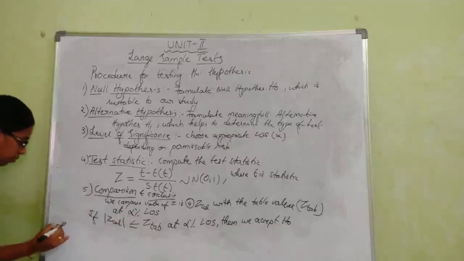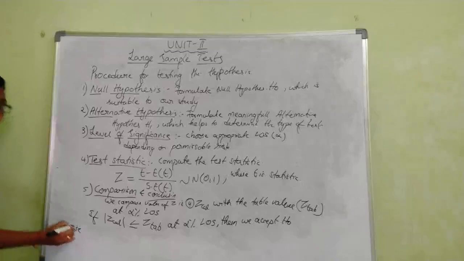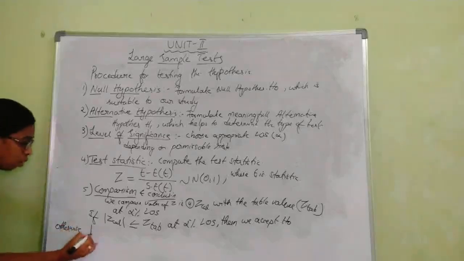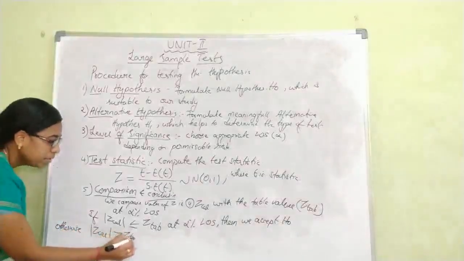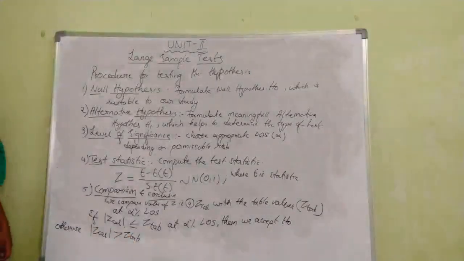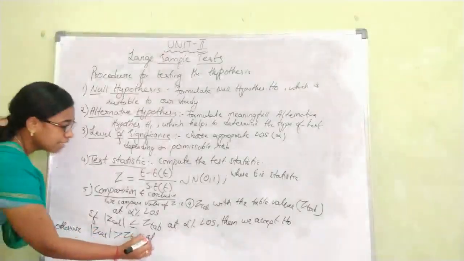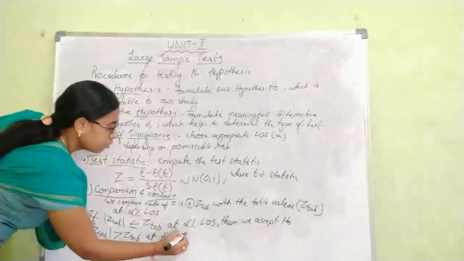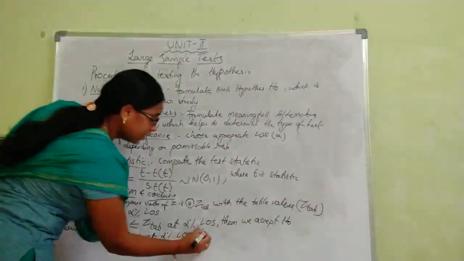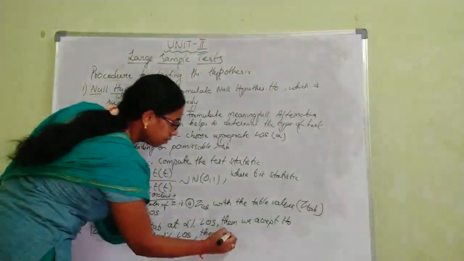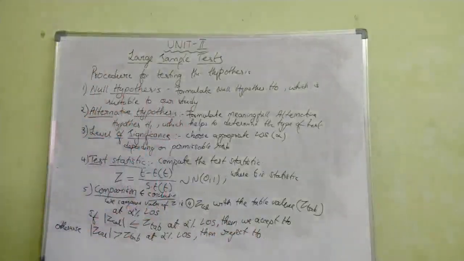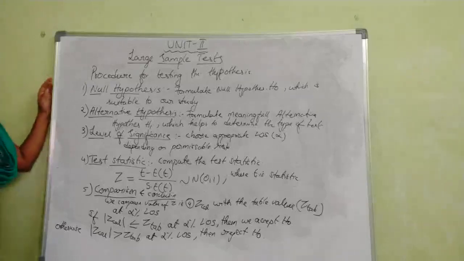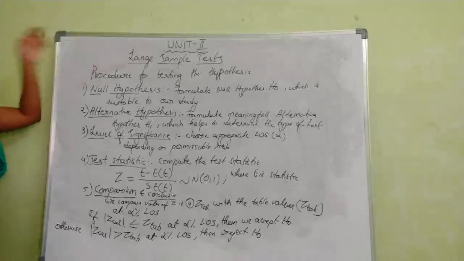Otherwise, if mod Z calculated is greater than Z tab at the same alpha % level of significance, then we reject the null hypothesis H0.